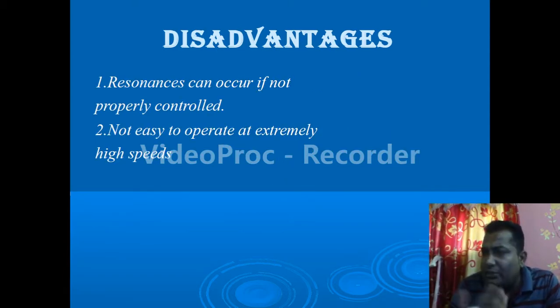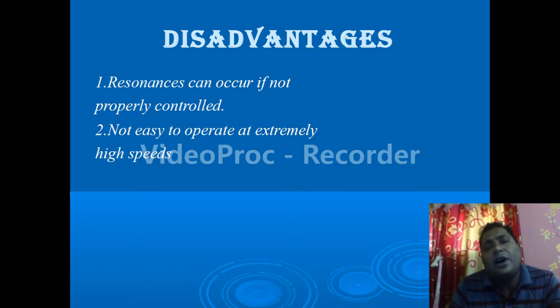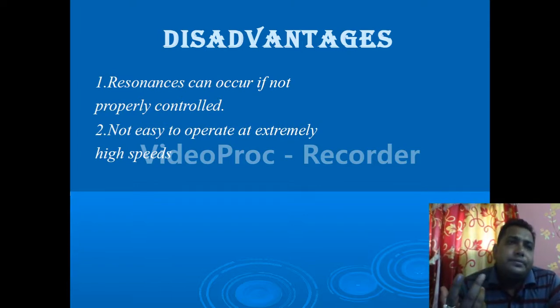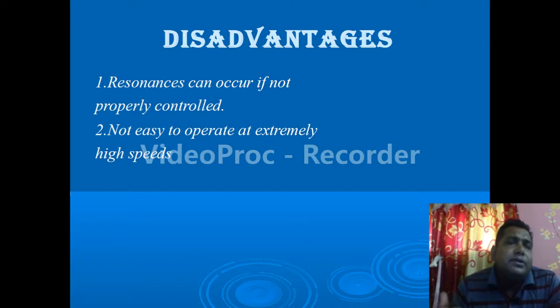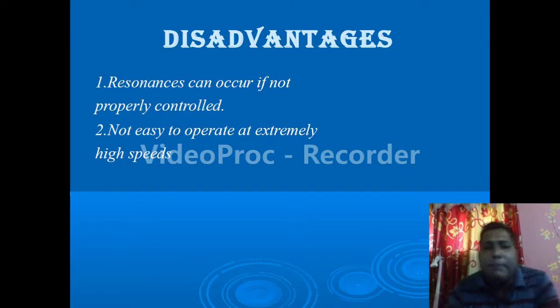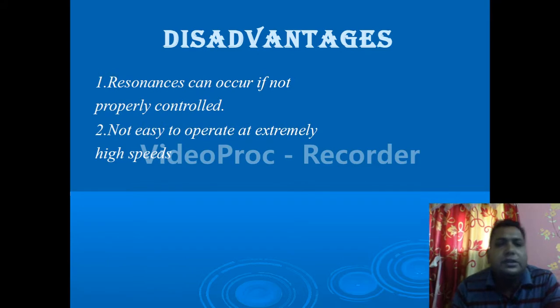Now we have some disadvantages. Resonance can occur if not properly controlled. That means it will no longer generate any angle, but that is not expected from a stepper motor. If we don't look into proper controlling of the stepper motor, it will go into the resonance condition.